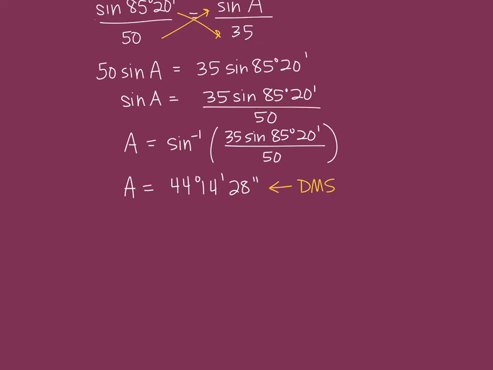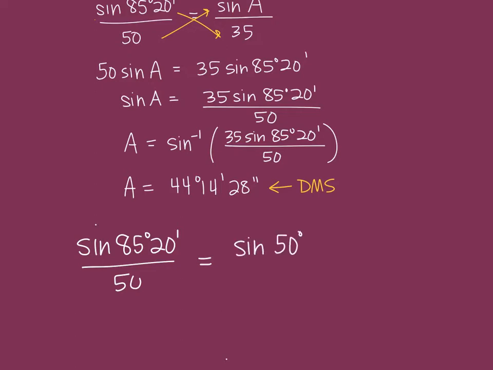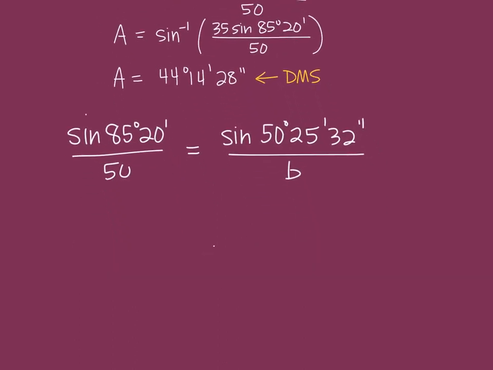So our C pair was sine of 85, 20 over 50. And now I compare that to the B pair, which I'm still looking to find, which would be the sine of 50, 25, 32, all over leg B. And once more, we cross multiply.